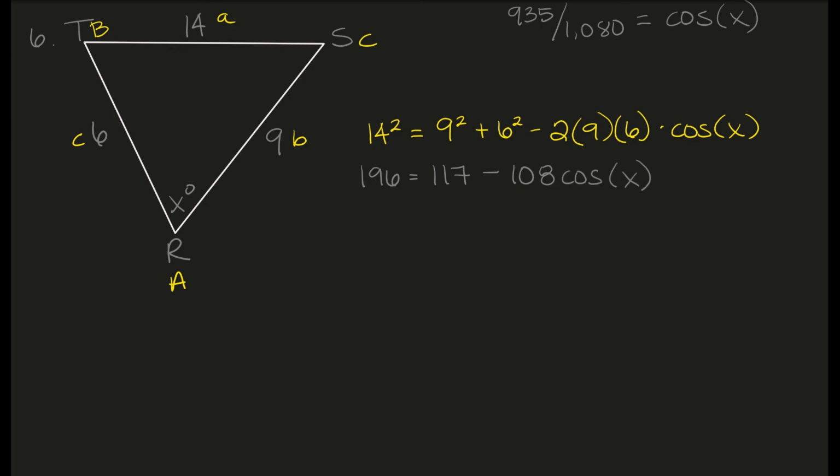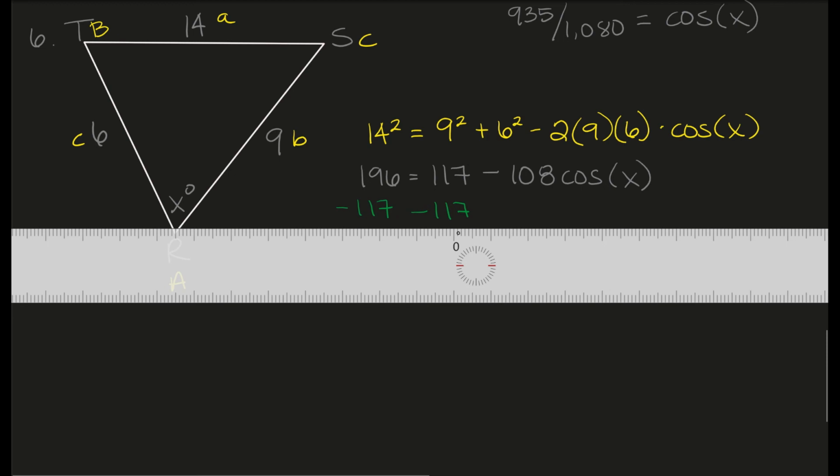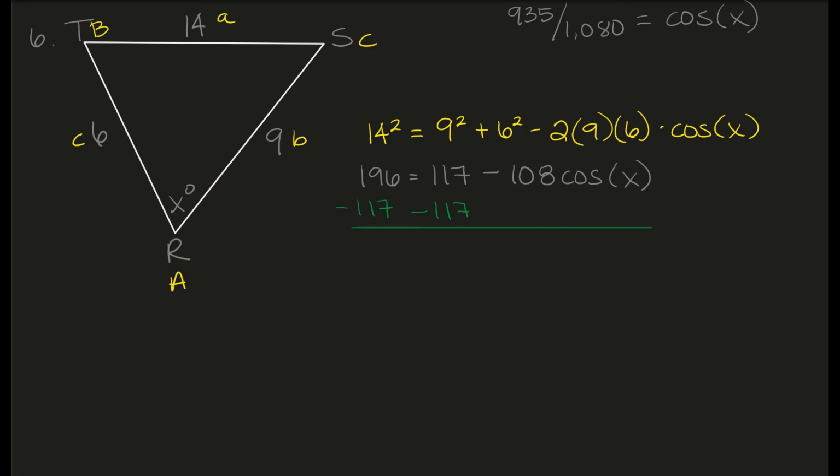And now we're right back to our two-step equation. So here I can subtract 117 from each side. 196 minus 117 gives us 79.